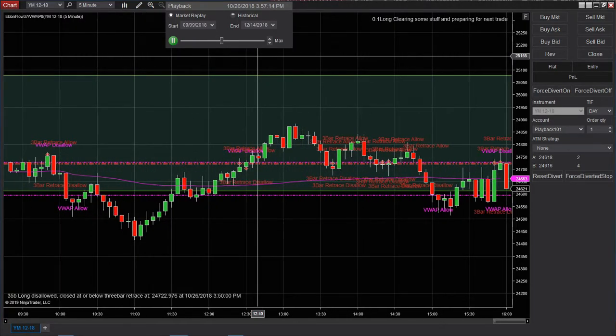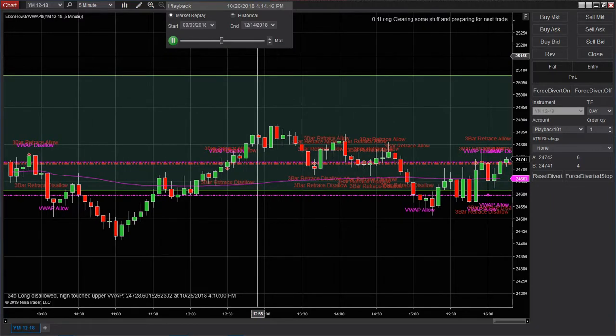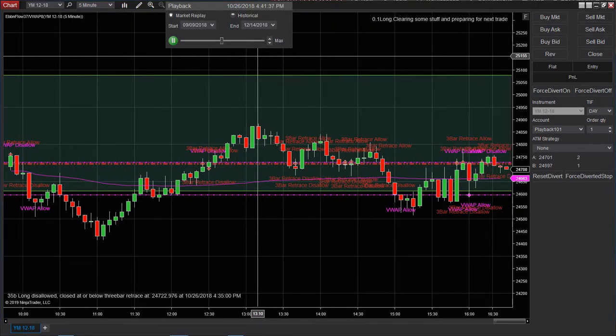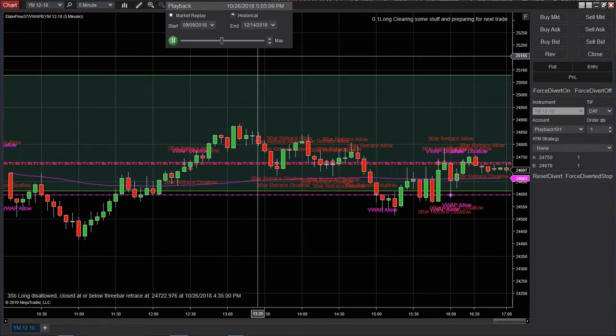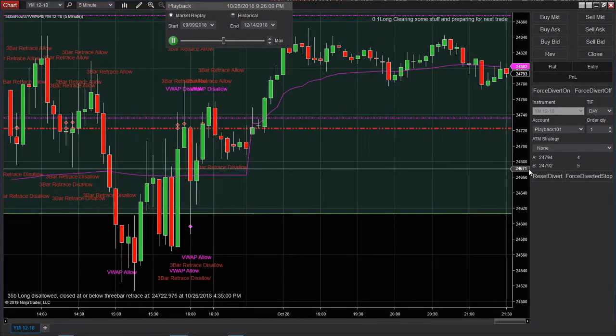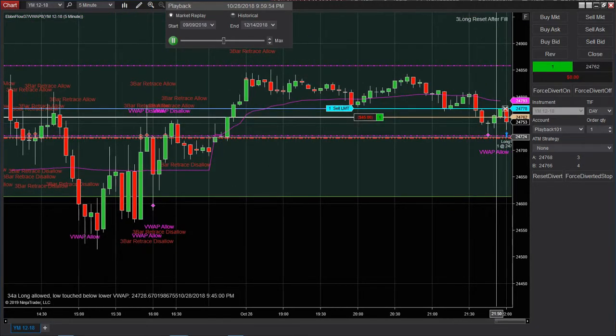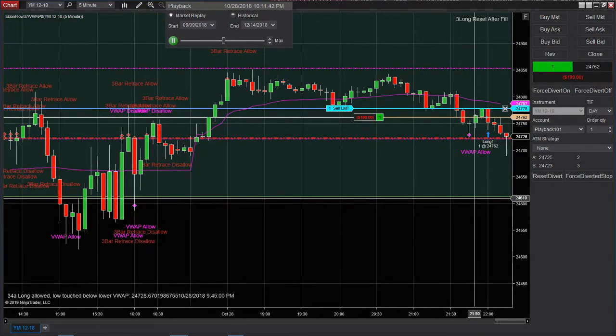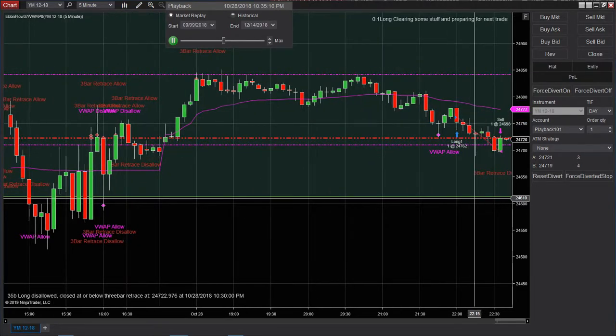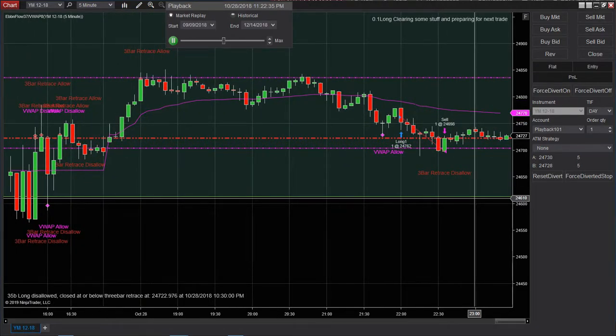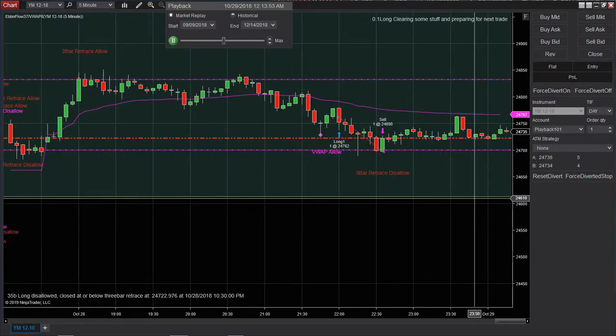It's whipping all around. Can't make up its mind. Big moves. Those are 250-point swings or more in the Dow. Weekend. Okay, if this comes down and hits that pink, see, now we're back in trades. And it closed below the retrace and caused a stop out.